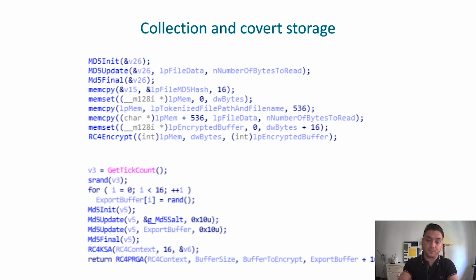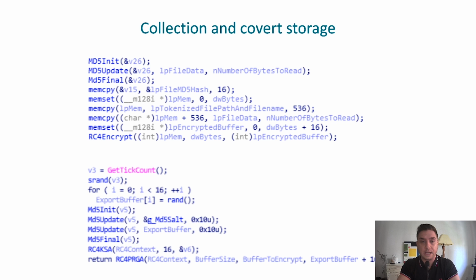The path of this preliminary collection directory might vary depending on the Ramsay version. For each file that gets attempted to be collected, if it's a binary file, it will be encrypted. A buffer meant to be encrypted will be allocated, and then this buffer will be populated first with information regarding the file that was to be collected, such as the MD5 hash of the file, or the path of the original file.